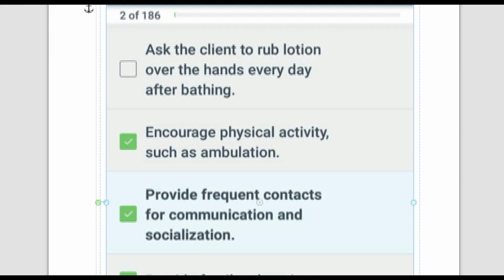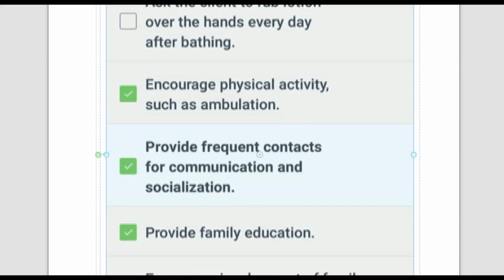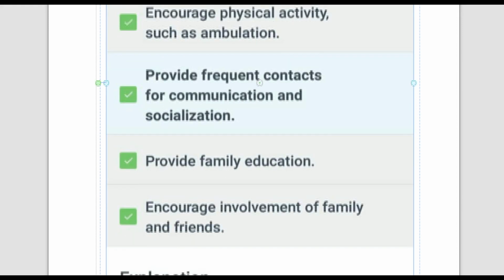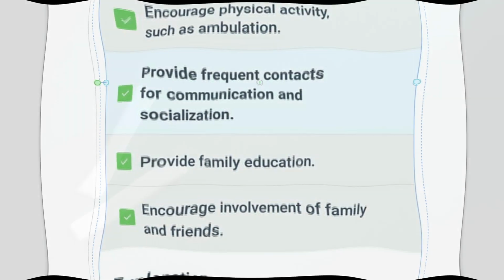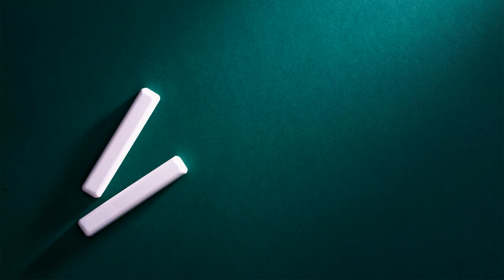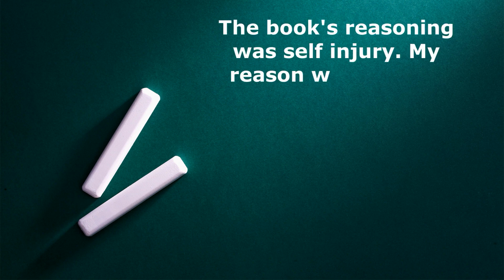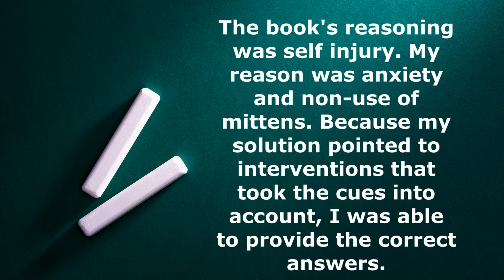Ask the client to rub lotion over the hands every day after bathing was not chosen, but all the rest of them were chosen. The reason being the explanation says socialization and communication, in addition to increased activity, are all means to aid in the prevention of self-injury.